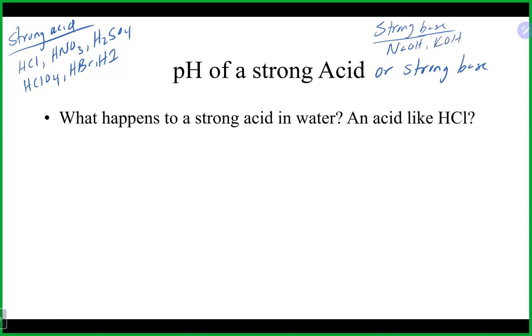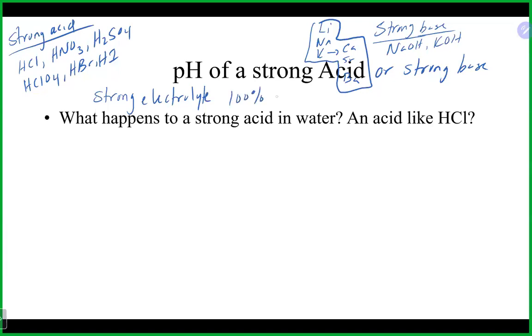If you look at the periodic table and you go lithium, and then go down to sodium, potassium, make a right-hand turn to calcium, strontium, and barium, any of these typically hooked up with hydroxide, like lithium hydroxide, sodium hydroxide, potassium hydroxide, calcium hydroxide, are typically your strong bases. And because they're strong acids and strong bases, they are strong electrolytes. And if you remember, strong electrolytes are things that will 100% break apart into ions in solution.